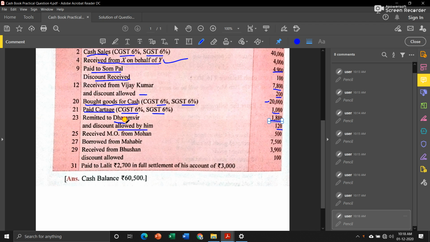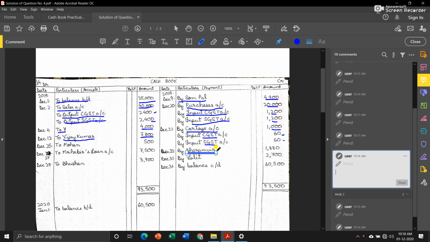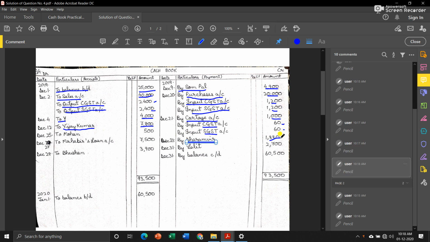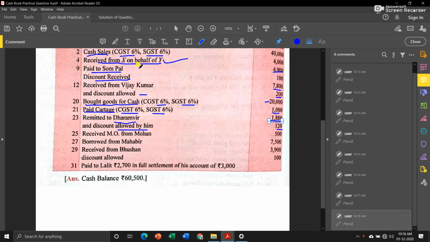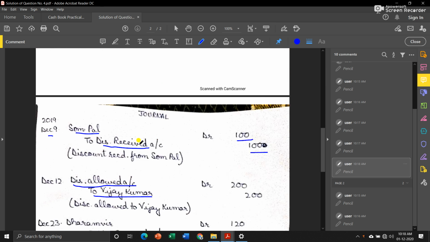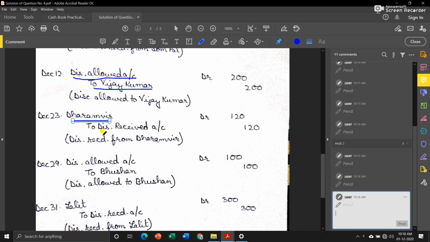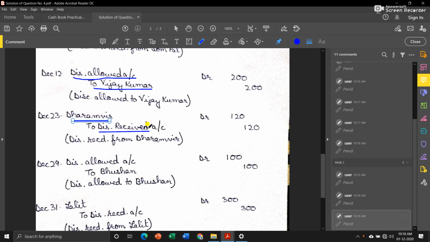So for the remitted amount, that means we paid some amount to Dharamveer, so we will write by Dharamveer on the credit side 1880. And for that discount allowed by him, that is discount received, we will pass one journal entry by writing Dharamveer, since he is the receiver of money, and we will credit discount received account by rupees 120.